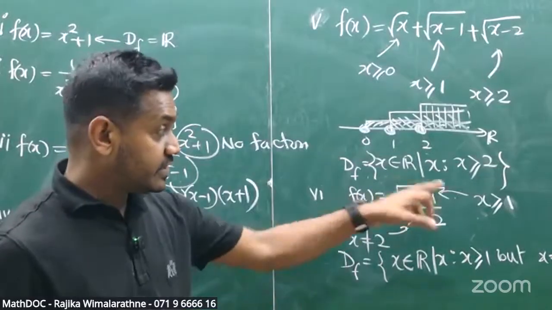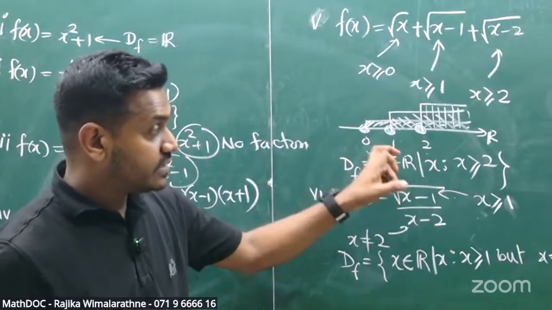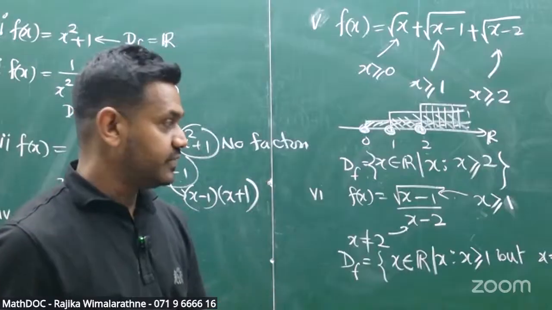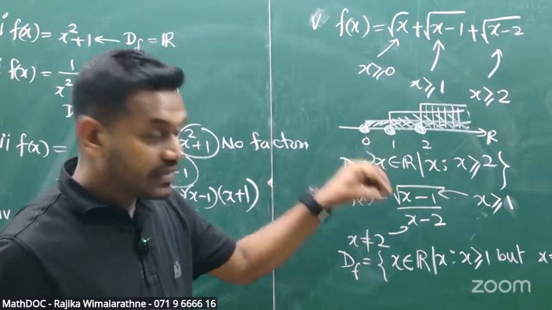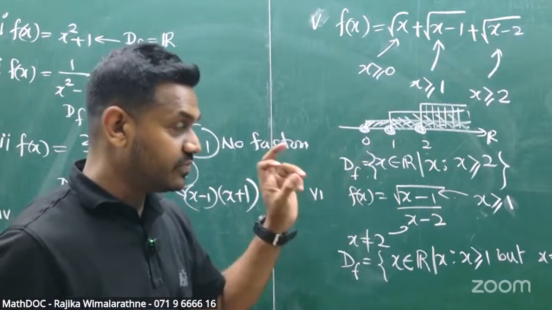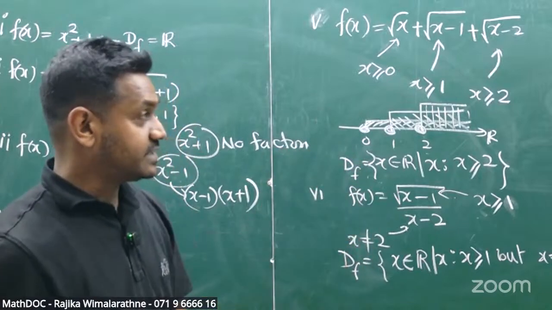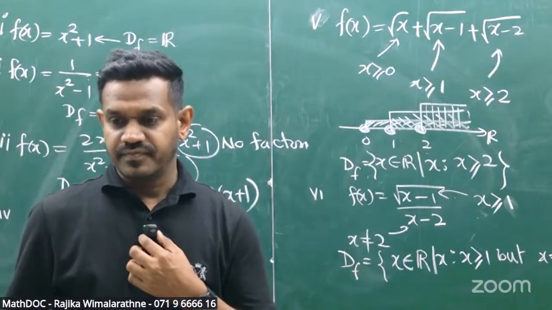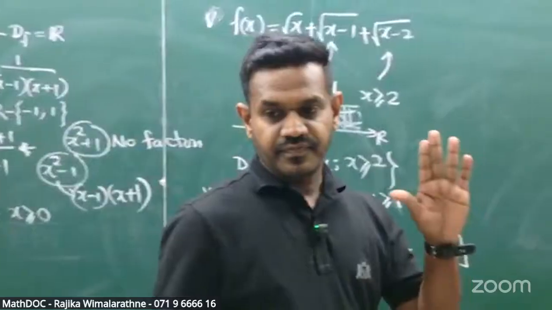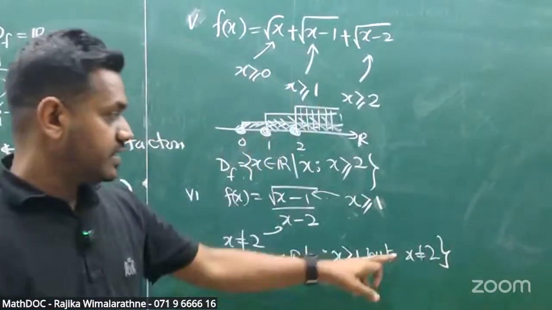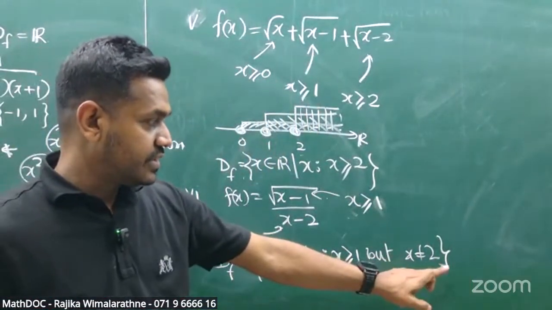You have to think about the values within the square root being non-negative, and also no denominator zeros. You have to think about both, because both are given in a single function. That is question number 6. Here we have to remove the x equal to 2 value.